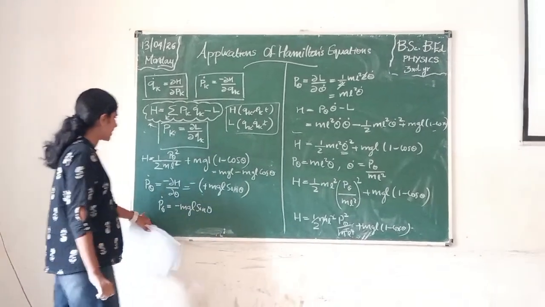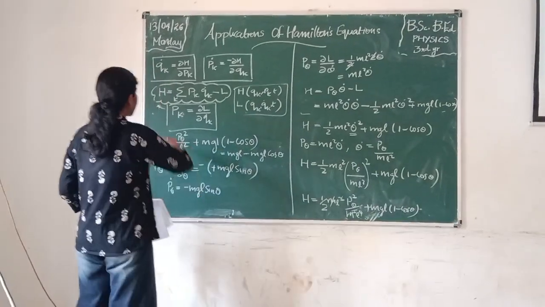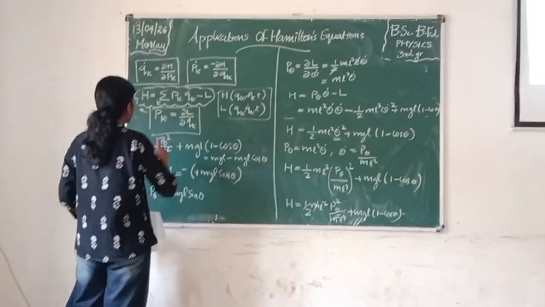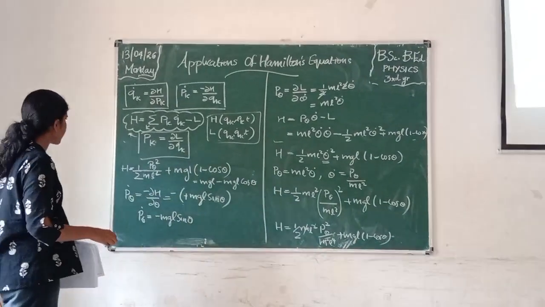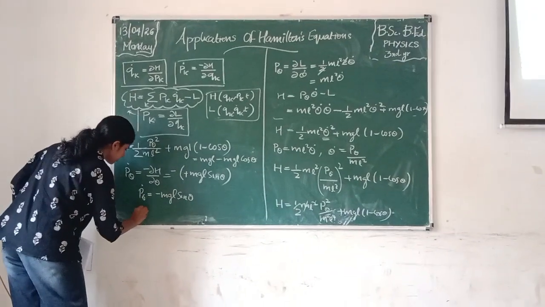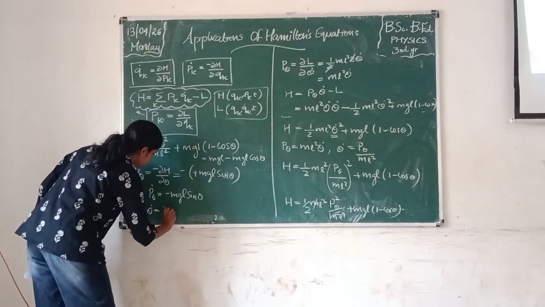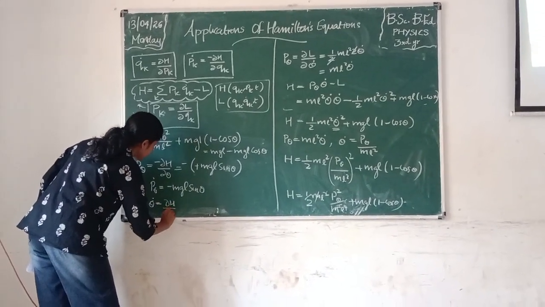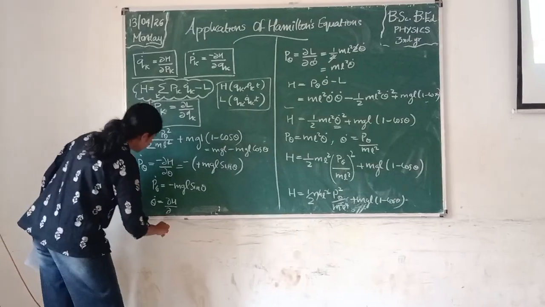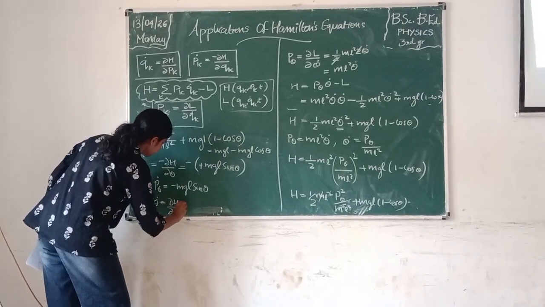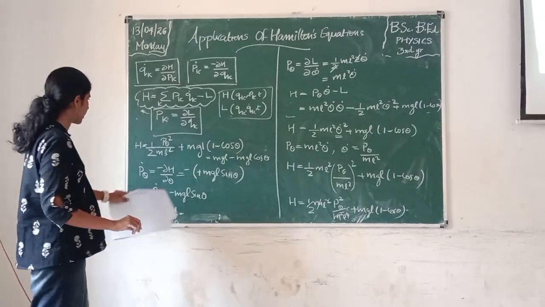Okay. So the next step is to find theta dot. What is the equation of theta dot? It is dou H by dou p theta. So what will be here?